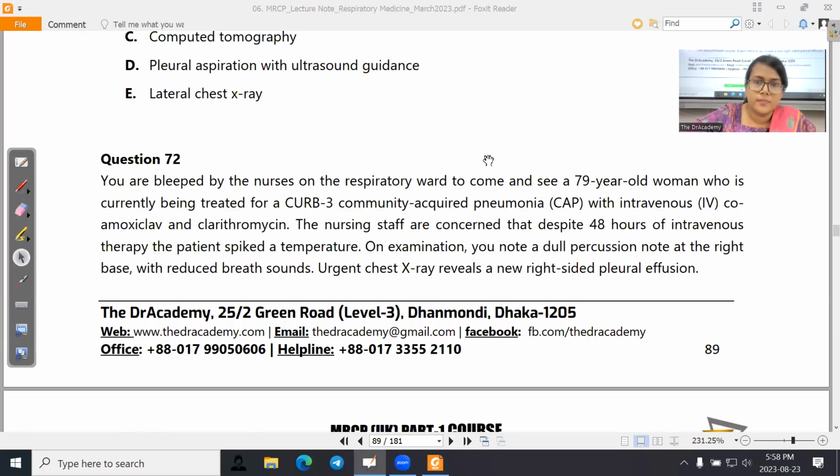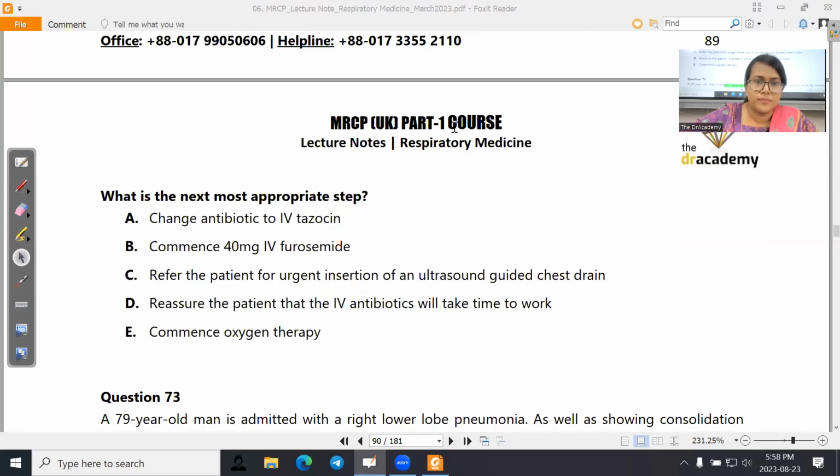Yes, ma'am. Oxygen therapy can be commenced if the patient is having insurance. So you're thinking option E?